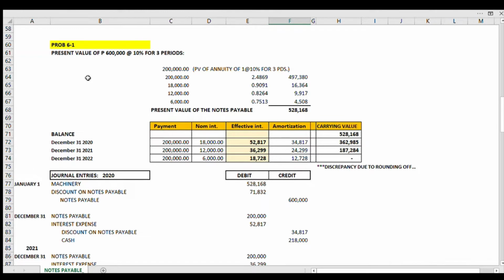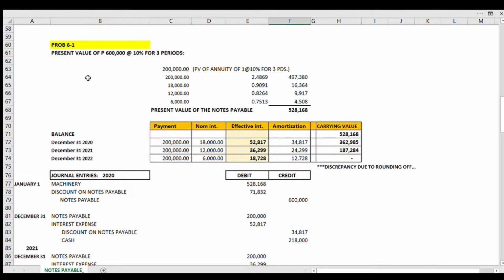So the present value of the note is going to be accounted as like this. The 200,000, the annual payment will be recognized on its present value.